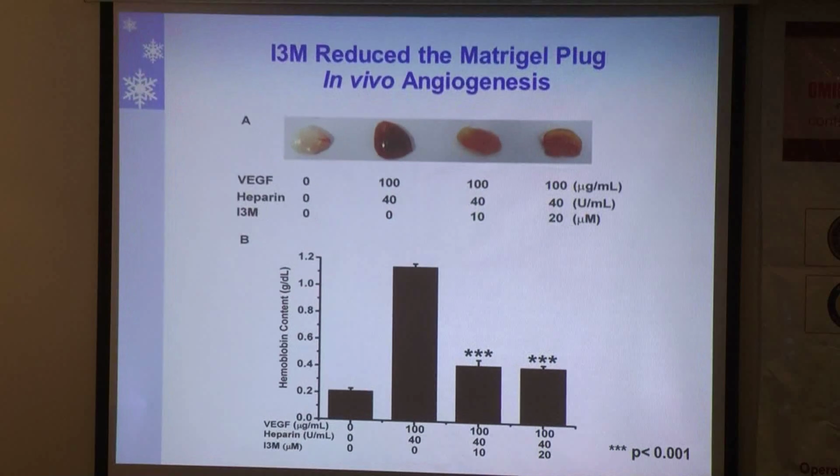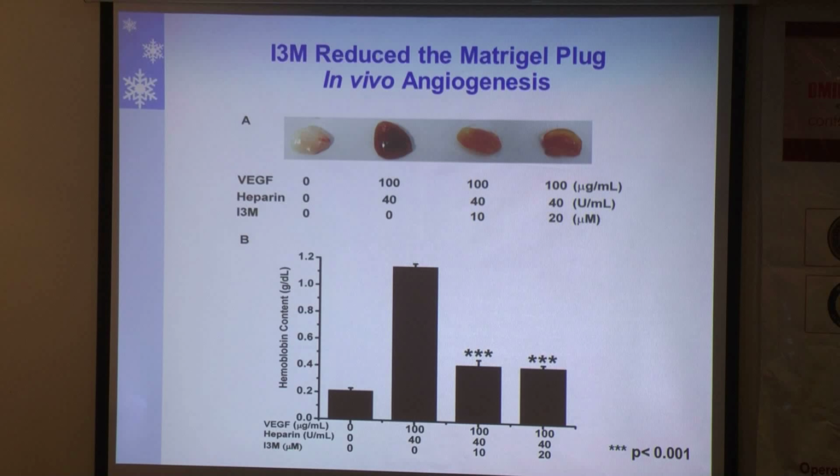And finally, the last slide talks about the ability of I3M to reduce angiogenesis in vivo. Basically, we inject I3M together with the VEGF and so on, and this is introduced subcutaneously into the mice with the matrigel.